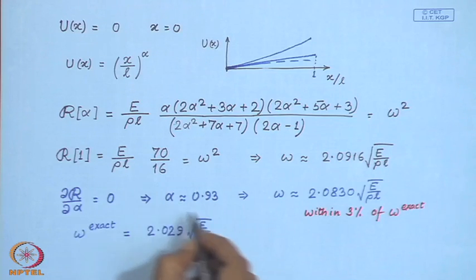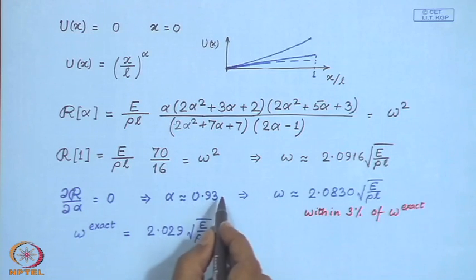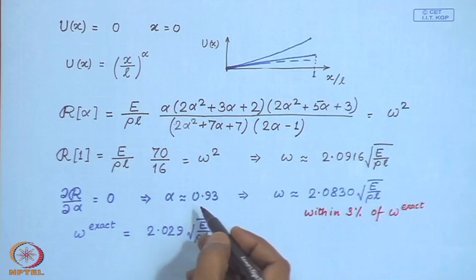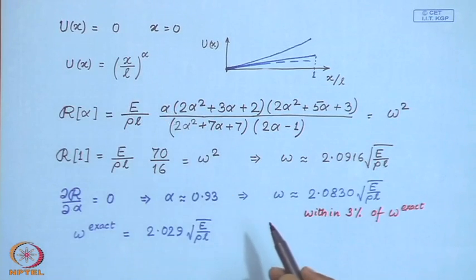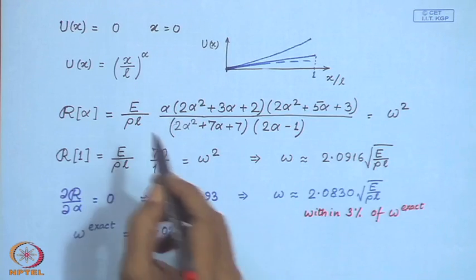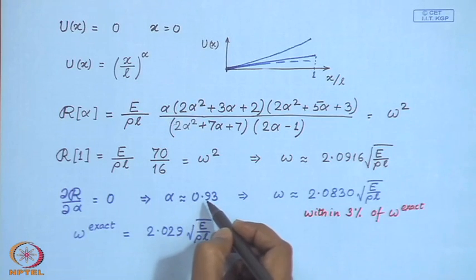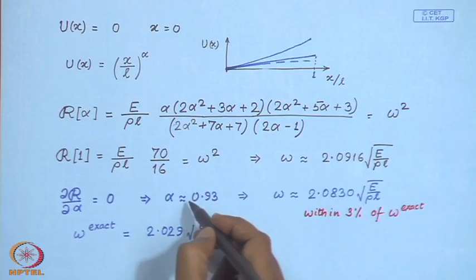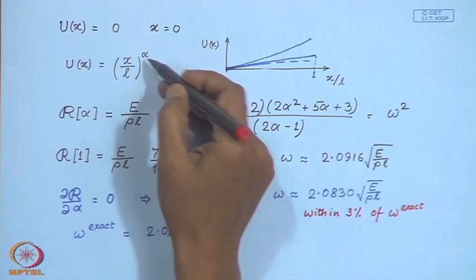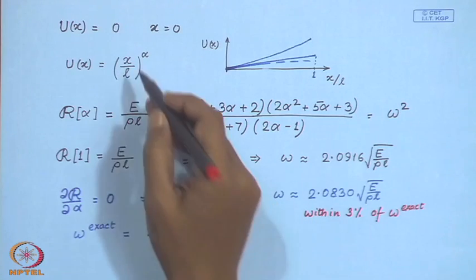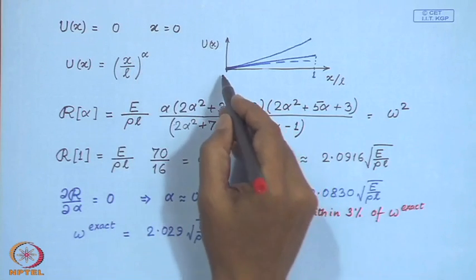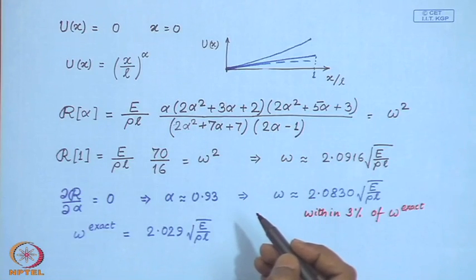But of course, this gives the best estimate based on the form or structure of the admissible function that we have chosen. But remember that when we go on to calculate stress, since this alpha is less than 1 for our best estimate, the stress that we will calculate at x equal to 0 will be infinite.